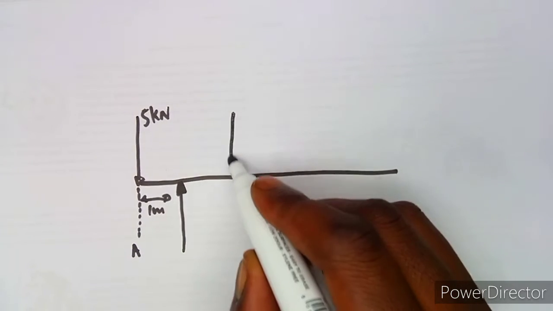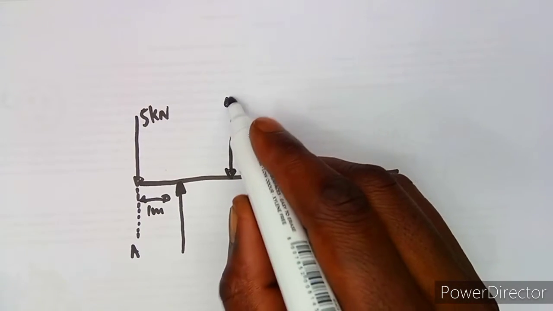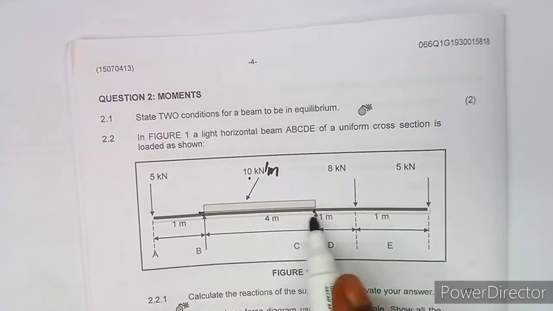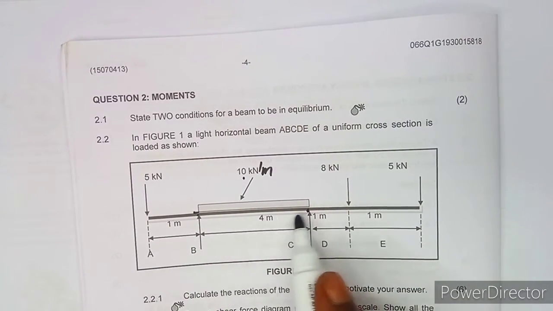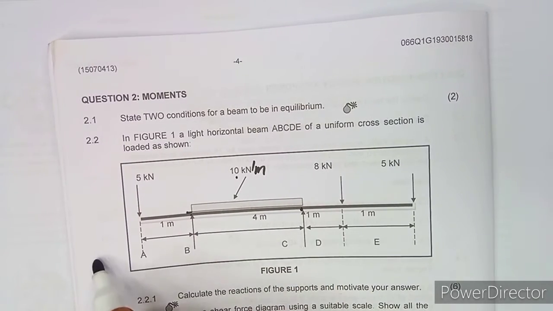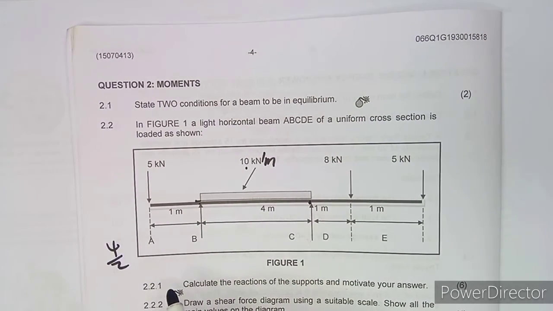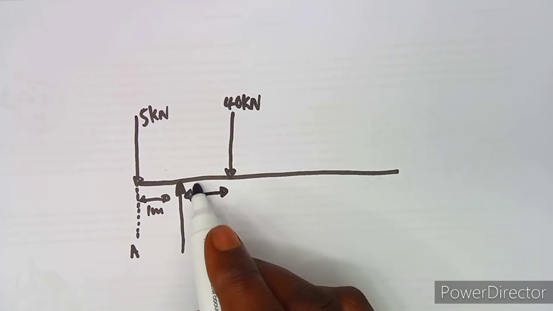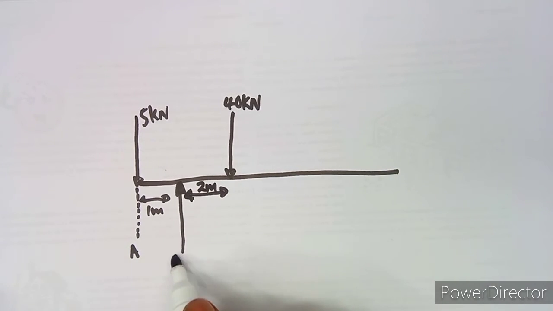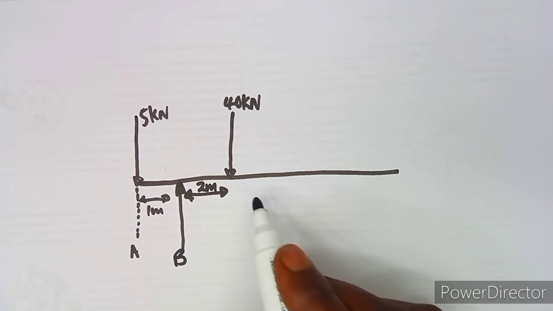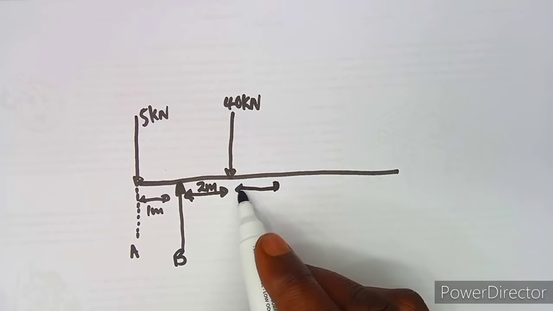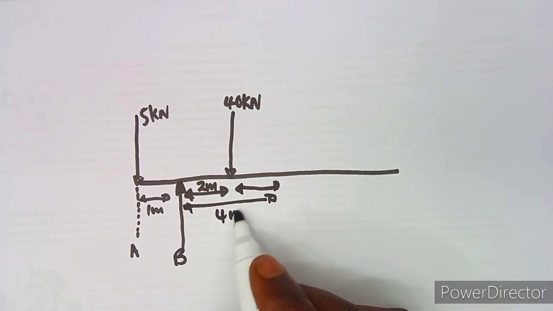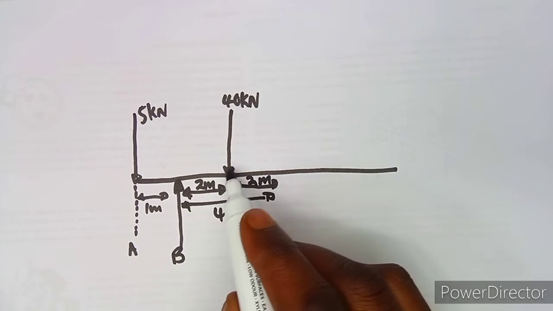This is going to be in between now. You put your 40 kilonewtons in between these 4 meters, which means you divide these 4 meters into 2 equal parts, so that is 2 meters. You separate this with 2 meters from point B, and we have another 2 meters, because it is supposed to be 4 meters in all, but it is now divided into 2 because of this force.